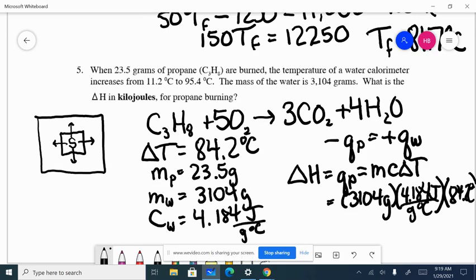So in my calculator, 3104 times 4.184 times 84.2 gives me an answer of, we expect it to be high because propane gives off a lot of energy, and the temperature change was great in a very large amount of water.